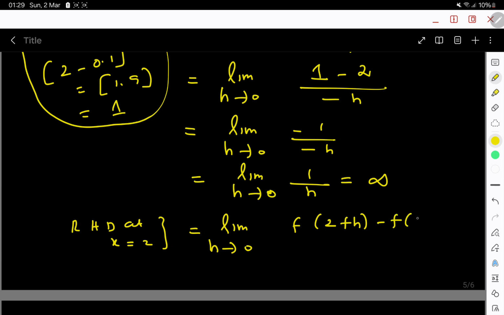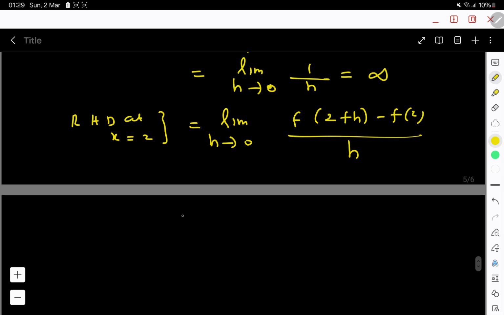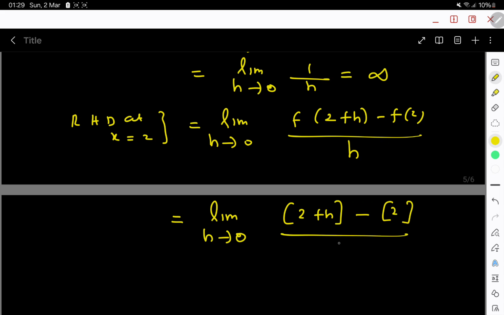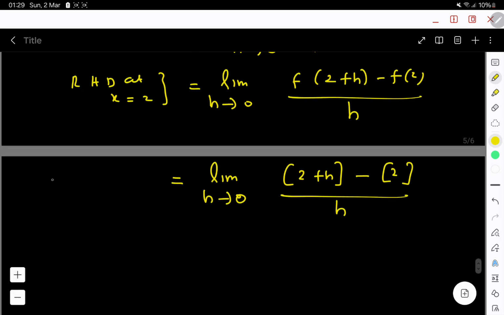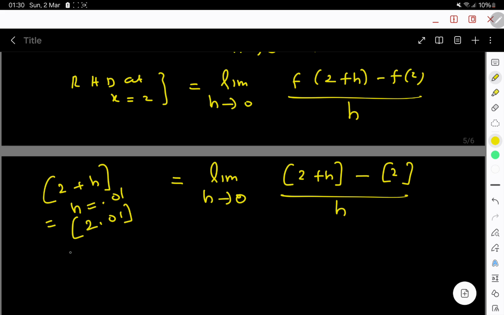Limit h tends to 0, f of 2 plus h minus f of 2 by h. So write 2 plus h, the greatest integer of 2 plus h, minus f of 2, by h. For 2 plus h, I am taking h equal to 0.01, so 2.01, its greatest integer is also 2.